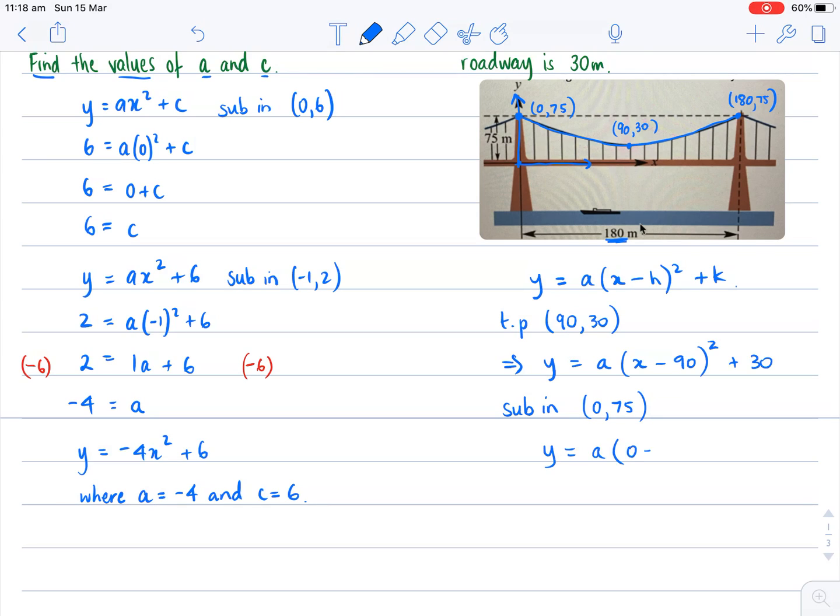That'll give me y equals a times 0 minus 90 squared plus 30, which is y equals 8,100a plus 30. So then move the 30 to the other side of the equal sign.